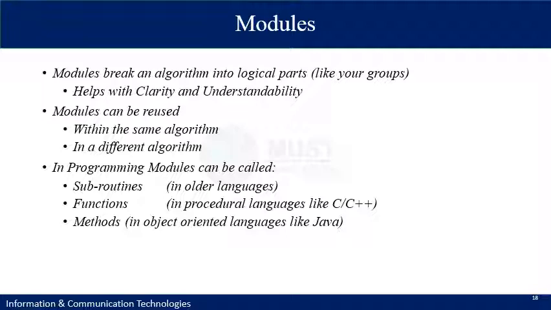So it can be reused within the same algorithm or in a different algorithm. In programming, modules are called subroutines in older languages, functions in procedural languages such as C or C++, and methods in object-oriented languages such as Java or C Sharp.